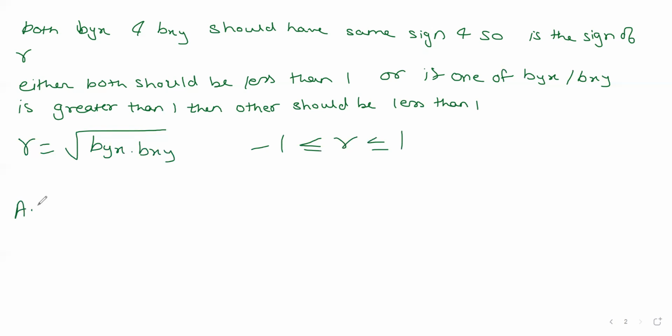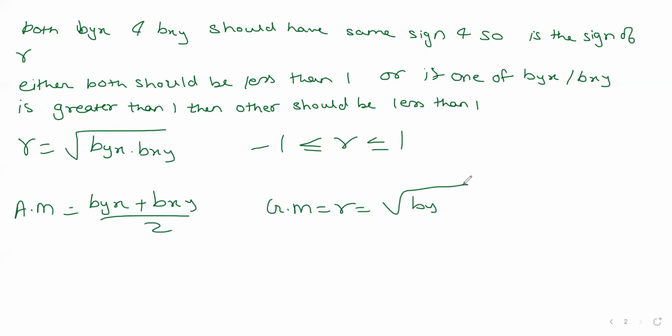One more thing is the arithmetic mean of both regression coefficients is byx plus bxy upon 2, and the geometric mean is r, that is under root byx into bxy. So the arithmetic mean is always greater than or equal to the geometric mean.